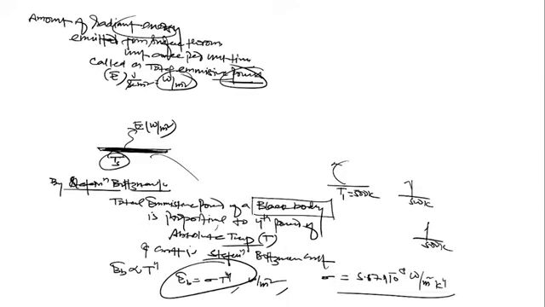So what is a black body? A black body is an idealized and hypothetical body which can emit the maximum emissive power at a given temperature, or which can produce the upper limit of emissive power at a given temperature, and that is given by the Stefan-Boltzmann law. It means if any body is at a temperature of 500 Kelvin and you want to find the emissive power, you put 5.67 and T as 500 Kelvin in this formula.